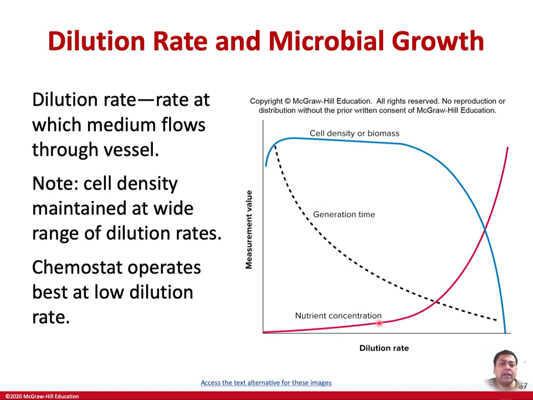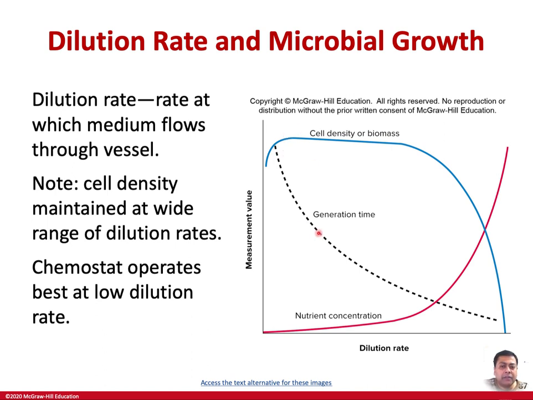A slightly higher dilution rate makes more nutrients available to the microbes. When the dilution rate provides enough nutrients for both maintenance and reproduction, cell density begins to rise. In other words, the growth rate can increase and the generation time can decrease when the available energy from the nutrient supply exceeds the maintenance energy.